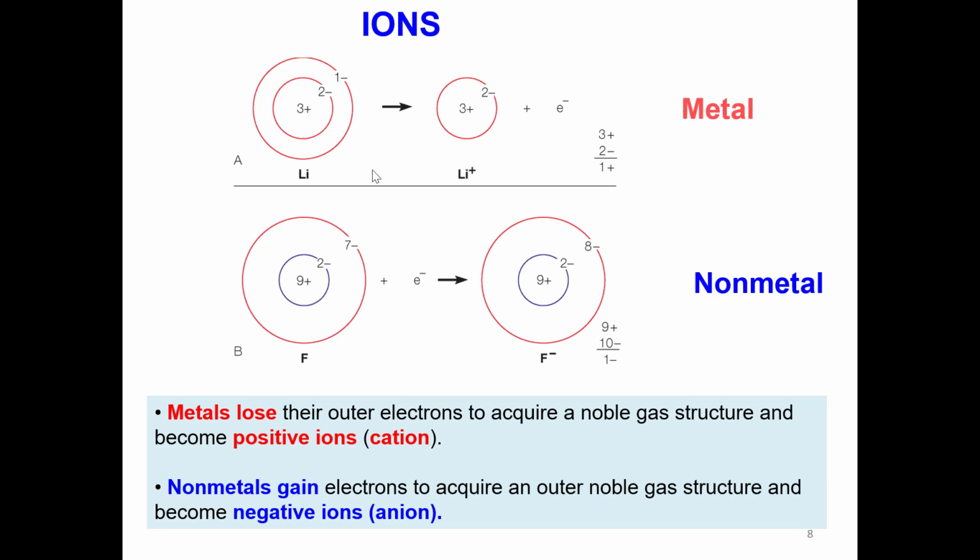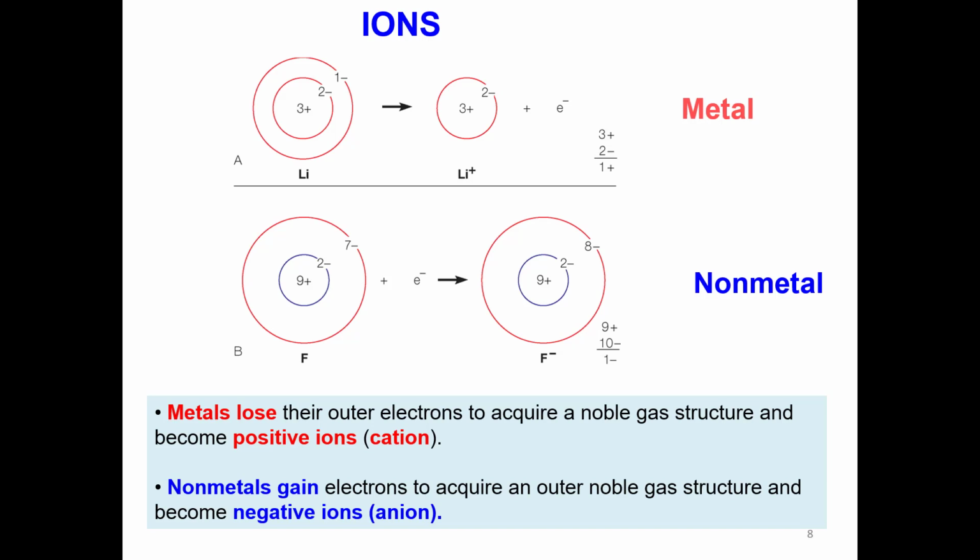When this happens, we don't have lithium, we have an ion of lithium. This happens usually in metals, as metals lose electrons to become more stable.